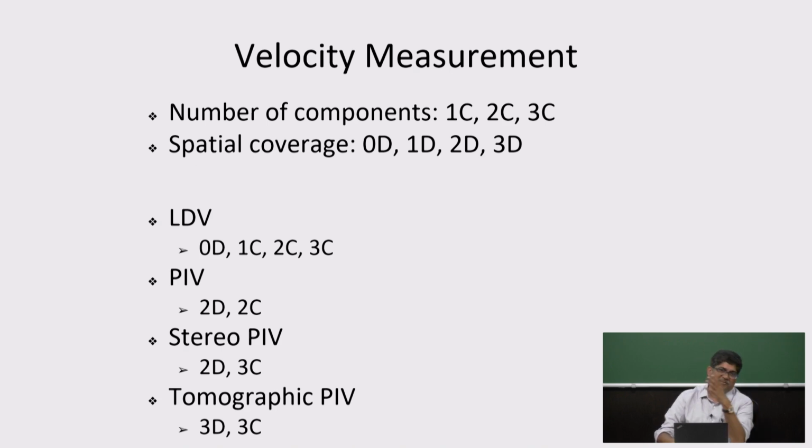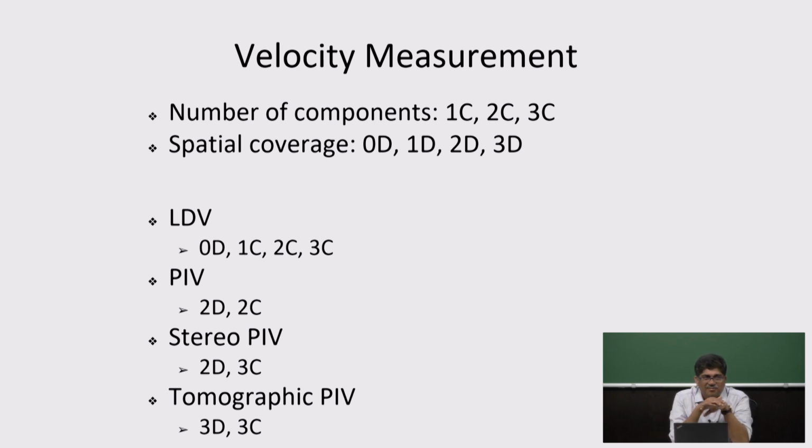And then these velocity measurements. For any phenomenon, you will have three components of velocity, right? And there is also spatial coverage. So there are two things: number of components, C is for components, D for dimensions. At the different dimensions, I have all three components. Laser Doppler velocimetry is zero dimensional, that means it measures at a point.